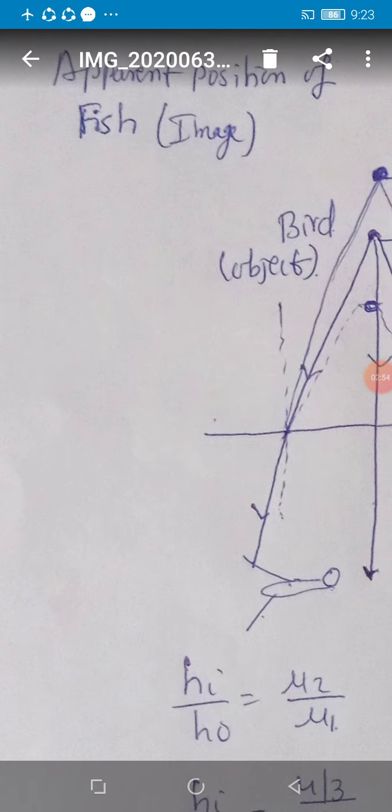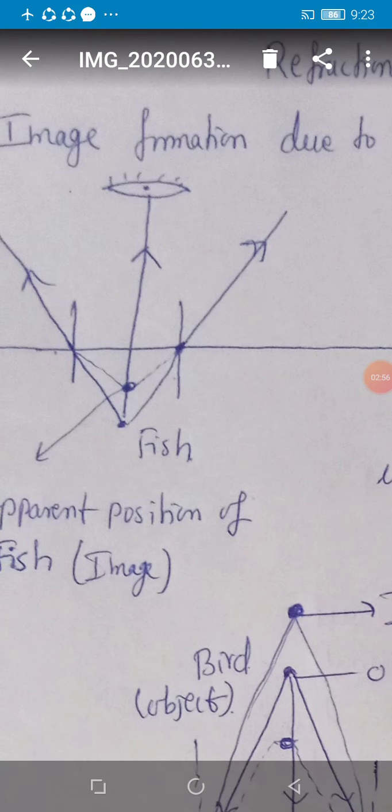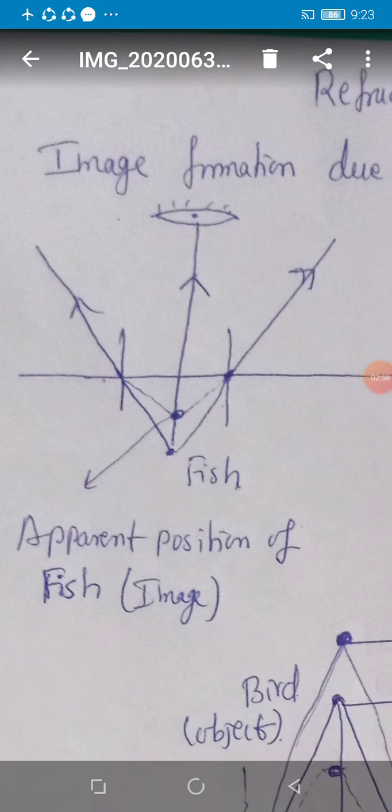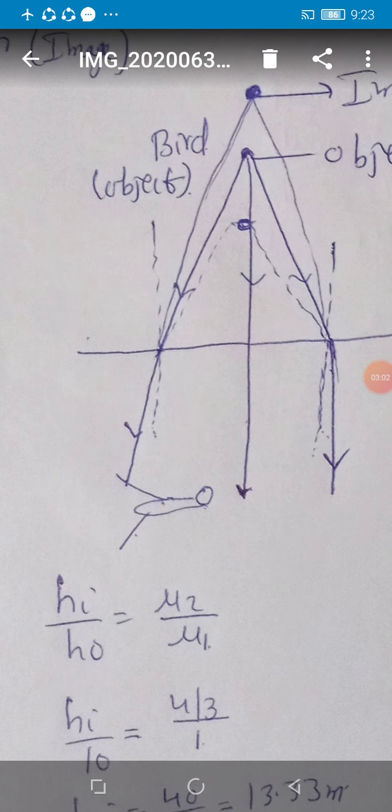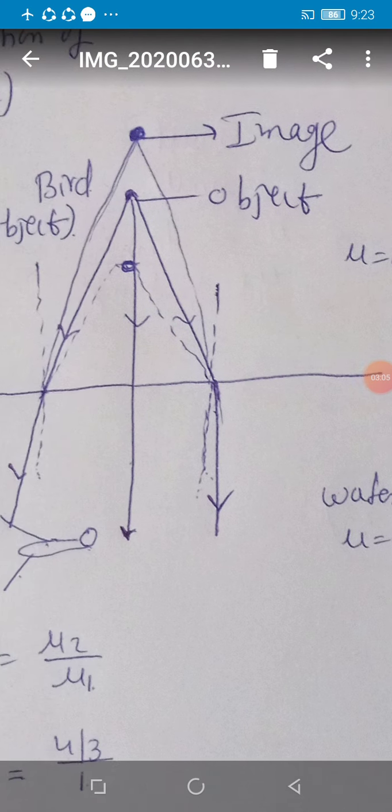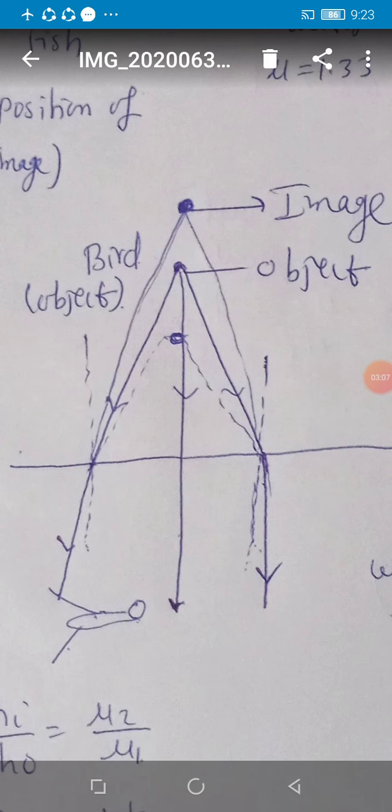Now another example, see. In the first example, the observation was from the rarer medium. Now here a swimmer is swimming in the water, and above in the air, say a bird, or any other object, this swimmer is observing it. Again due to refraction, see what will happen.